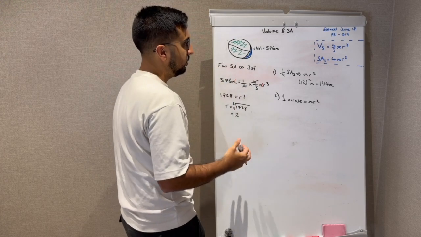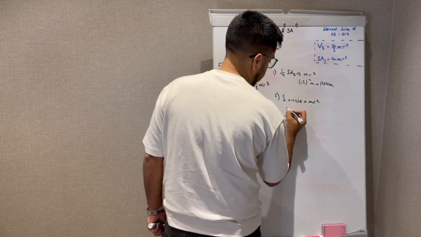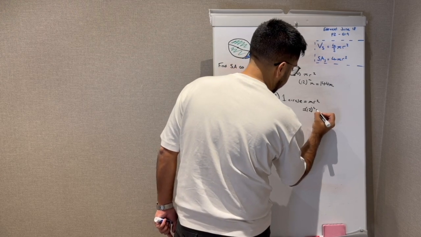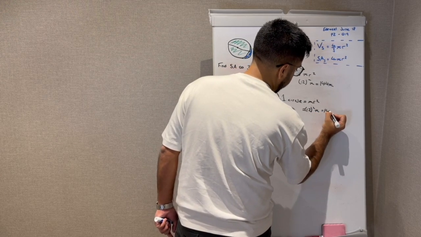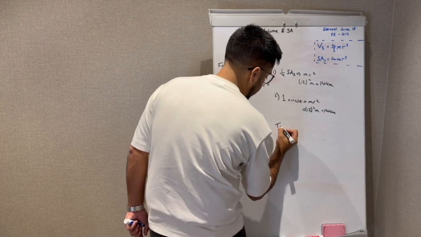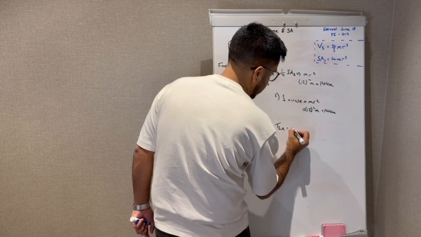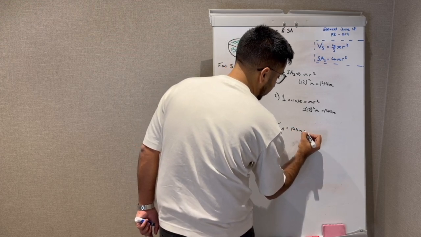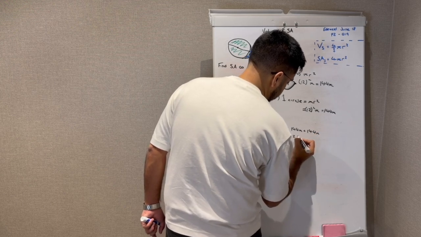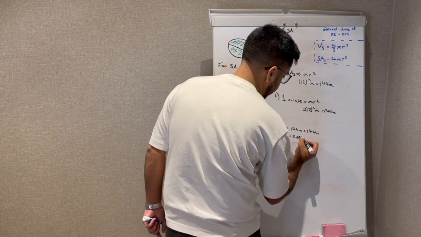It is obviously a circle, therefore the radius doesn't change. And we therefore just sub 12 in to give us 144 pi again. Therefore the total surface area is equal to 144 pi plus 144 pi. That is 288 pi. Cool.